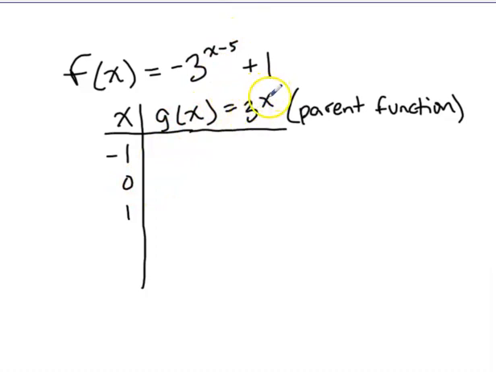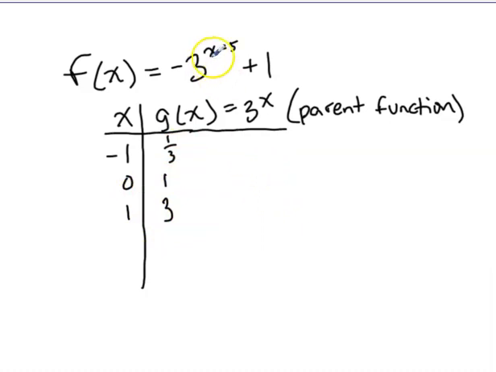So 3 to the 0, anything to the 0 is 1, right? 3 to the 1 is 3. And then when we have a whole number base to a negative exponent, that gives us a fraction, so we got 1 over 3. We're not going to graph the 1 over 3. That doesn't work too well in DeltaMath, so let's graph the whole numbers, 0, 1, and 1, 3.